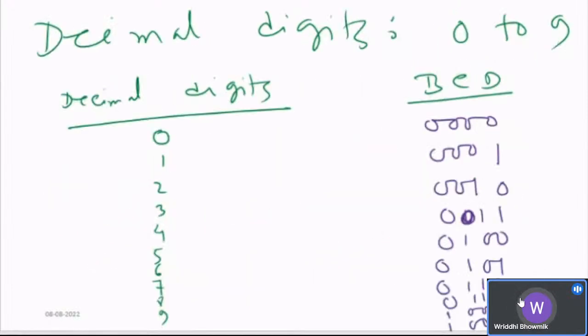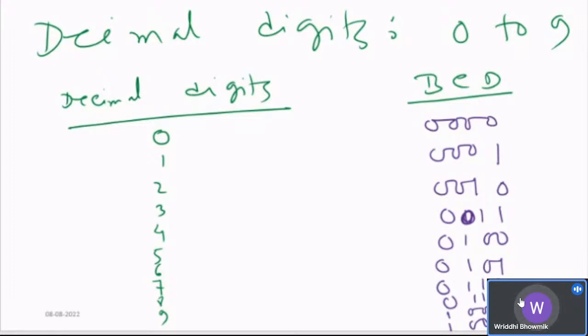So when we are going to encode till 9, then we need 4 binary bits. For 8 you have 1000, for 9 you have 1001.